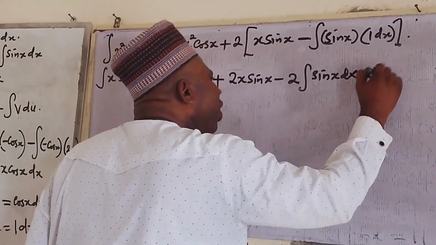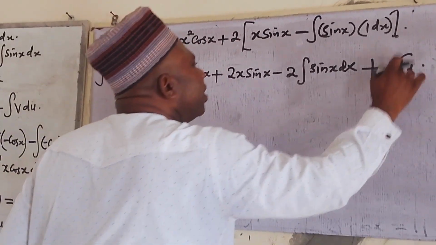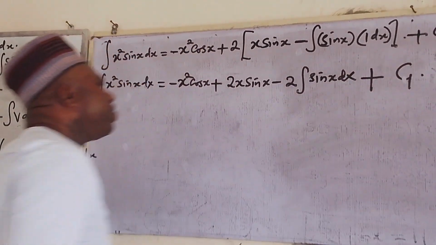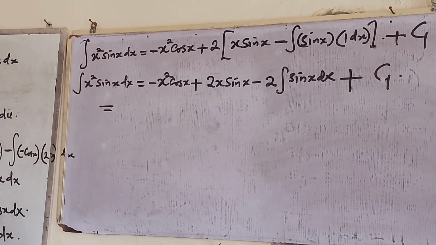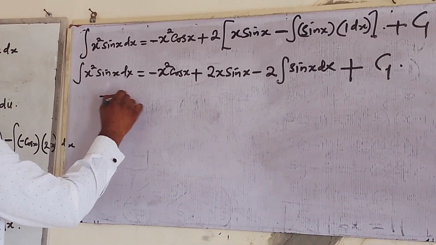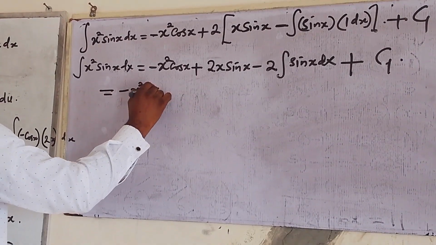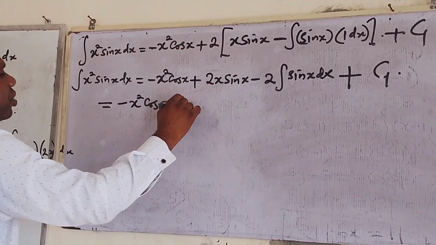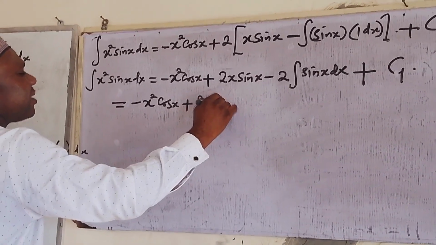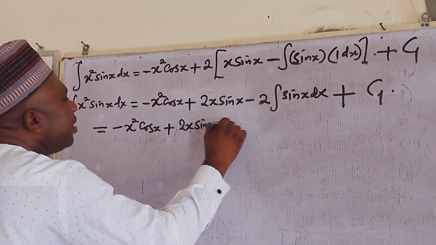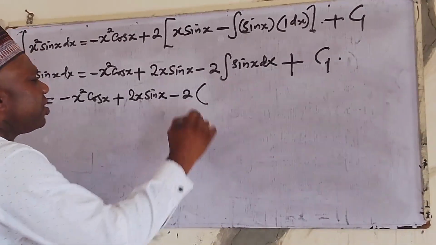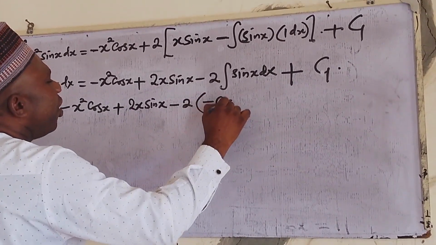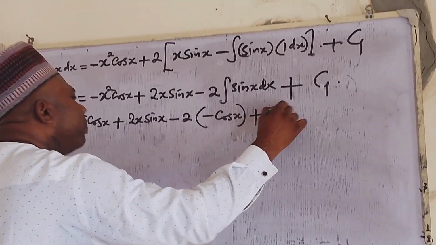Then here we have plus, let's call it C1, constant. Let's call it C1, because that's not the final constant. So it means at this point, what we have now will be minus x squared cos x plus 2x sine x minus 2 in brackets. When you integrate sine x, it gives minus cos x. Then now we can call it plus c.